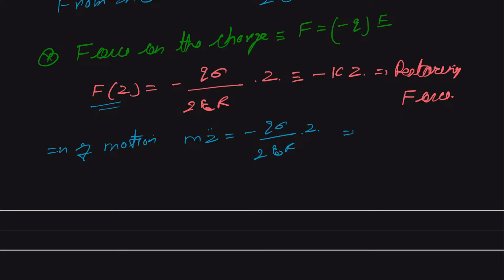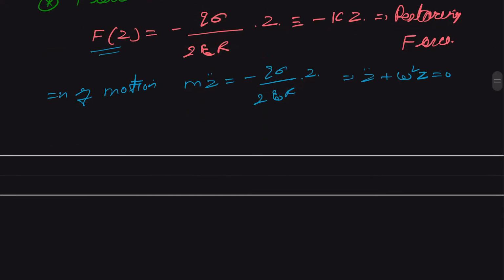And this is the standard form of SHM, acceleration plus omega square times z is equal to 0. Therefore, omega square will be equal to q sigma upon 2 epsilon naught times r, or omega is equal to the square root of q sigma upon 2 epsilon naught r.